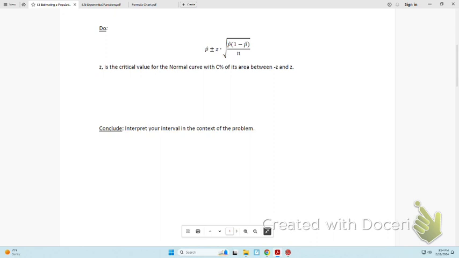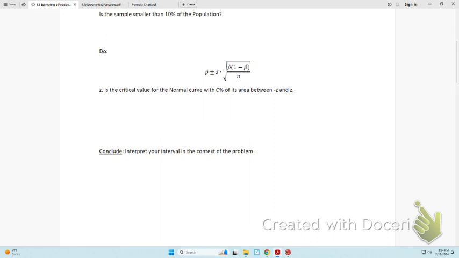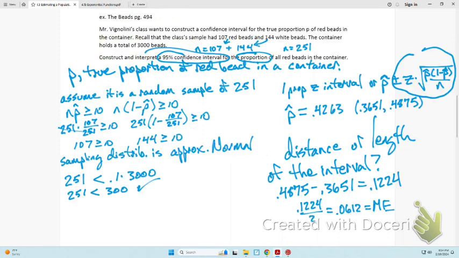You saw in the formula, we're adding and subtracting a margin of error. So think about it like this. 0.0612 is the number of plausible standard deviations multiplied by the value of a standard deviation.